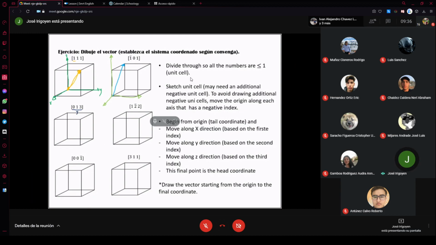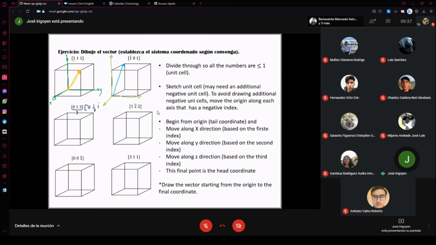The reason is that the highest number is 3, and you need to have values less than or equal to 1. So in order to obtain that, you need to divide all these by 3. So the Miller index, or the original Miller index, is going to be 0, 1/3, and 1, right?